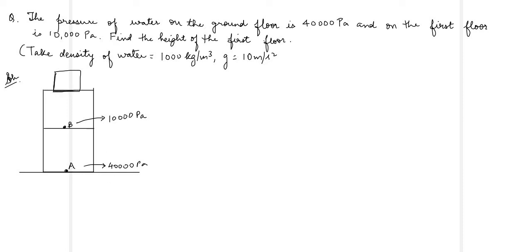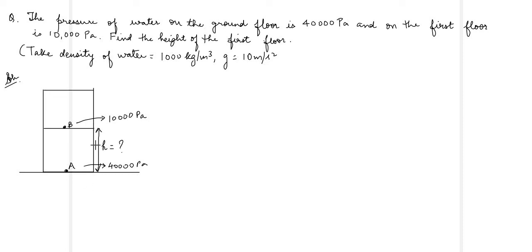So here we can consider that this is the place or the free surface. So as we are moving down, as the depth increases below the free surface, the pressure should increase, and that is quite visible by the facts given over here, that as the depth has increased, so it is 40,000 and which is more than 10,000 Pascal. Now they have asked us what is the height of the first floor, means what is this height? We have to calculate.